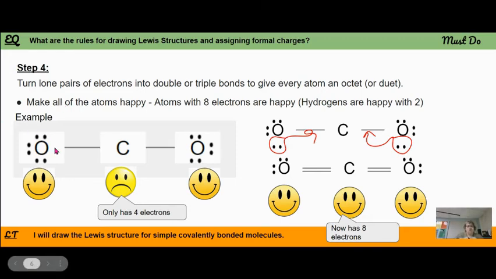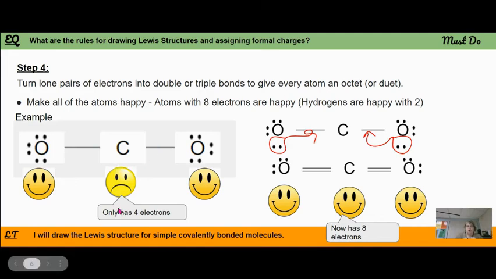Okay? So here's our skeletal molecule from step 3. So if we count, we have 2, 4, 6, and then remember this line is 2, so that's 8. So oxygen is happy. Same on this side. But if we count for carbon, we have 2 here and we have 2 here.